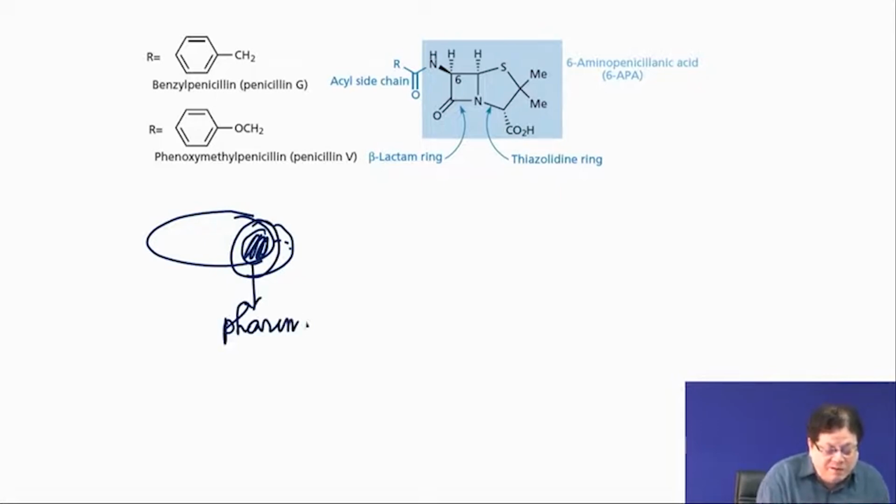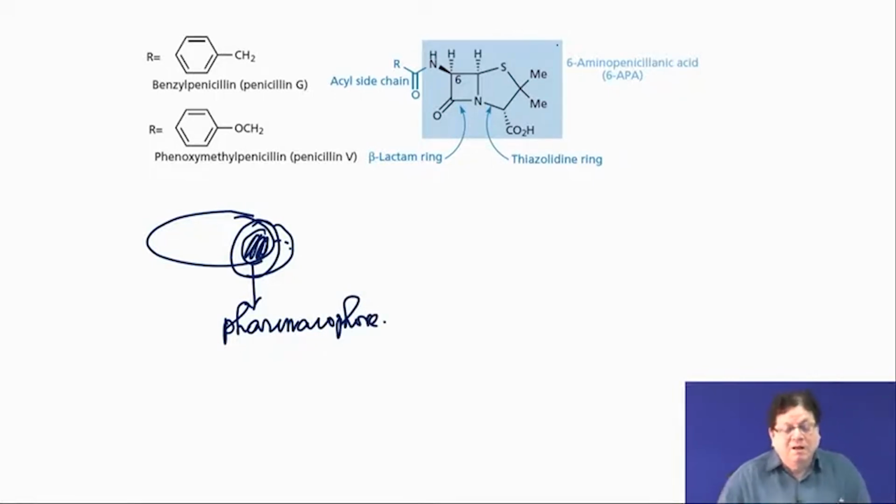The pharmacophore of penicillin is this, which is shown in light green, a light bluish color. That part is the pharmacophore. What is there in this part? There are two rings fused to one another. This is called a beta-lactam ring and this is called a thiazolidine ring.